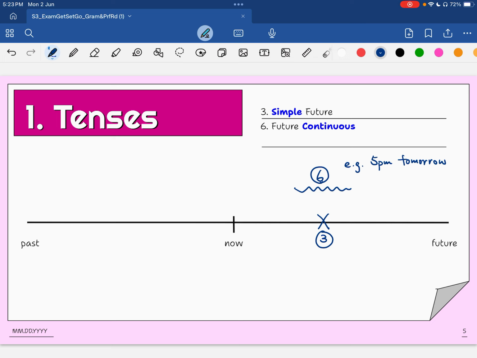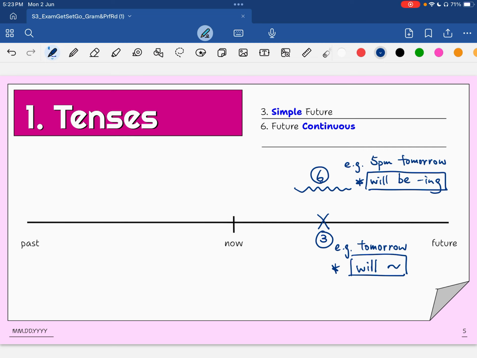However, if you just talk about tomorrow, then I would only say something like I will have a test tomorrow instead of future continuous. Okay, so it all depends whether you want to tell people that action is long or short. So for future continuous, how it looks like is will be and then ing. As for simple future, it will simply be will and then the verb.